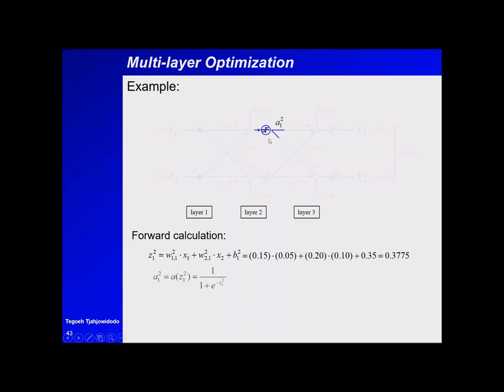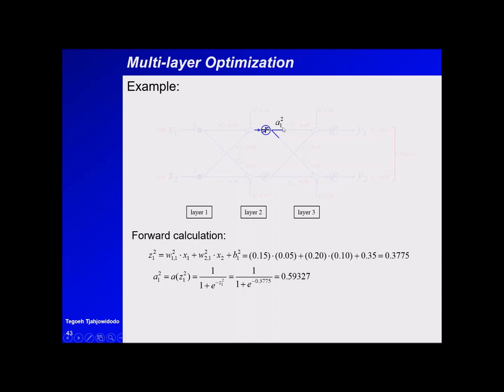Now I move forward again. I will calculate the output from this activation function using this input Z12. I use this activation function, and then this is what I will get. The A12, again, please be careful, the 2 in here doesn't mean square, but indicates the layer number.